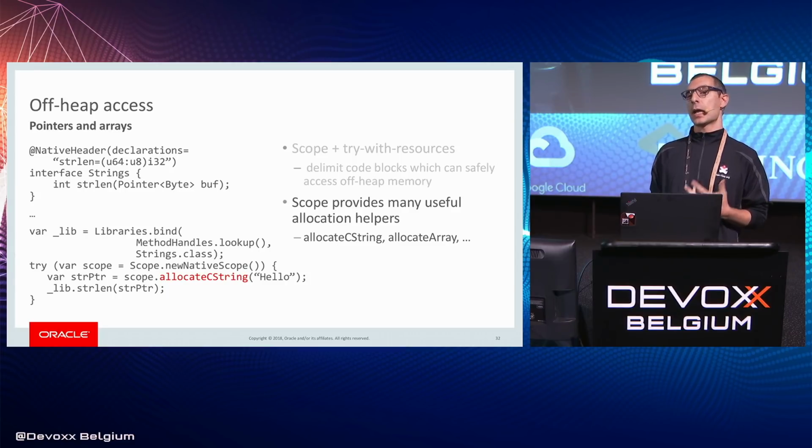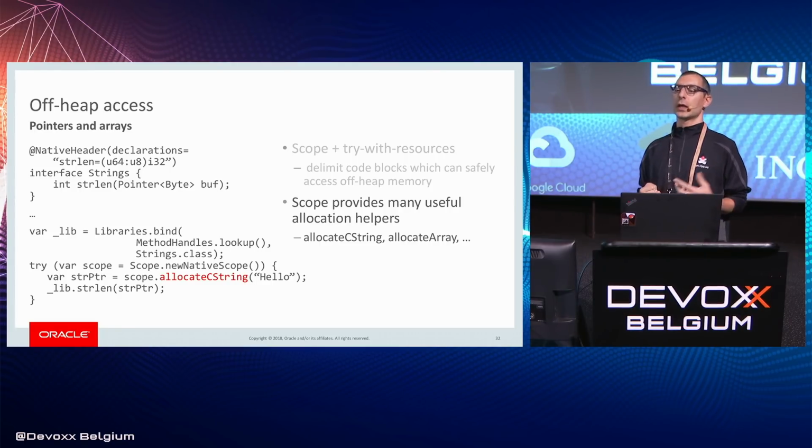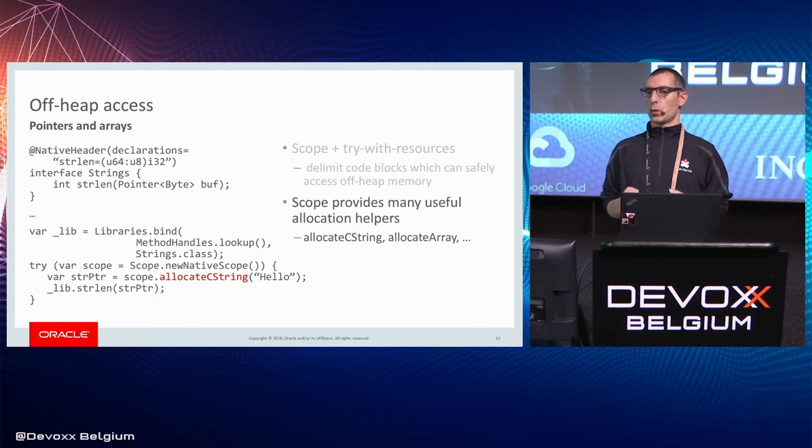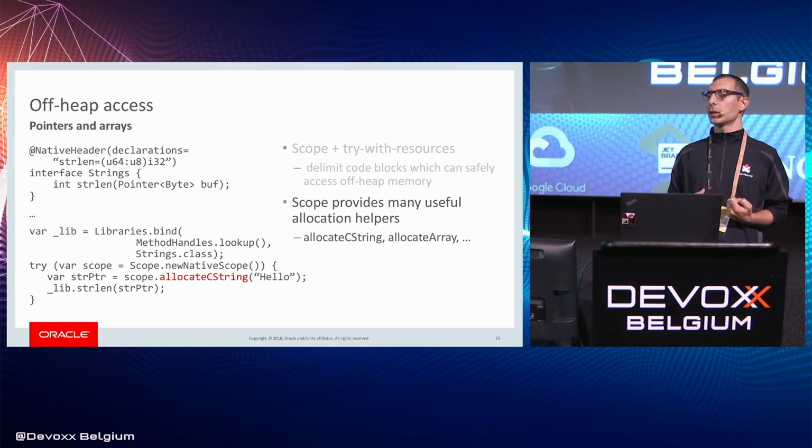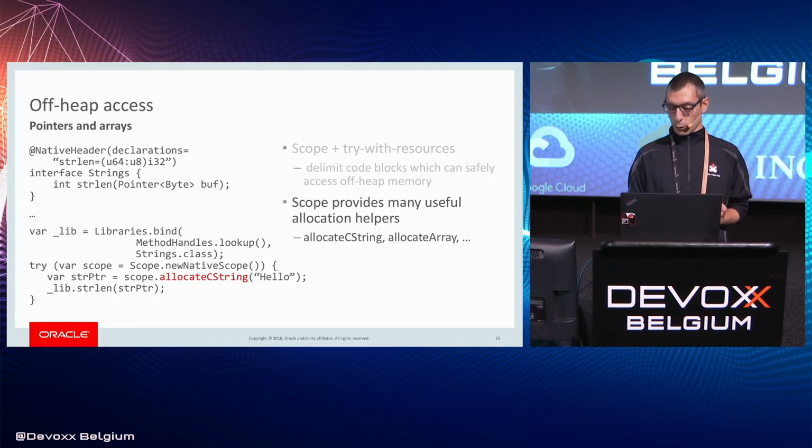Once we have a scope, we can ask the scope to do some allocations. We were lucky, there is just a method to allocate a C string, a zero-terminated C string, and get a pointer to it. So we can call the allocate C string method and then pass the pointer to the strlen library function. And that just works.